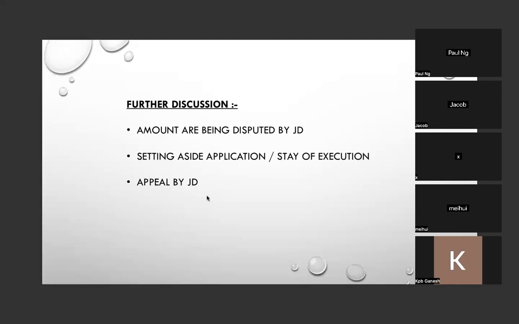So they will definitely file a stay of execution against your garnishee, okay? But I'm sure that you all are familiar. For monetary claim, stay of execution doesn't apply, okay? Because we are not touching on any immovable property. So usually you won't be able to succeed in your stay of execution for garnishee, all right?